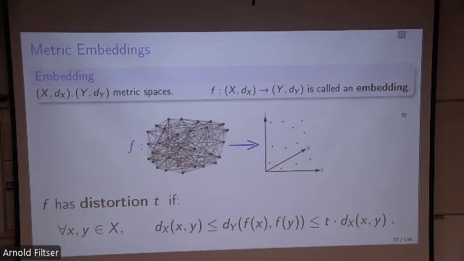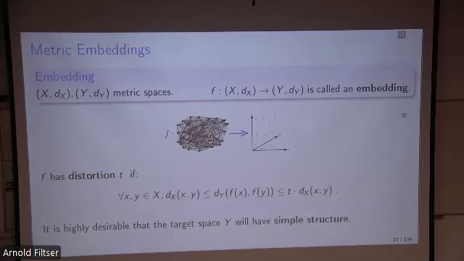Hopefully you can then run algorithms there and take the result back, paying only this distortion T for the transformation. So the goal is to minimize the distortion and the complexity, if you like, of the target space.